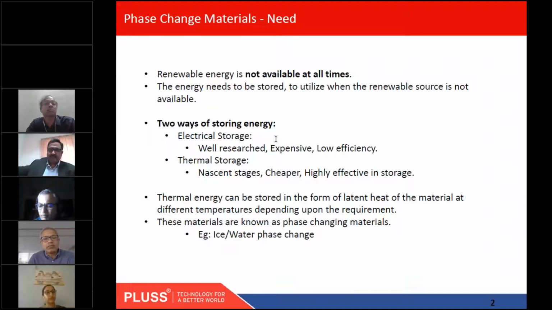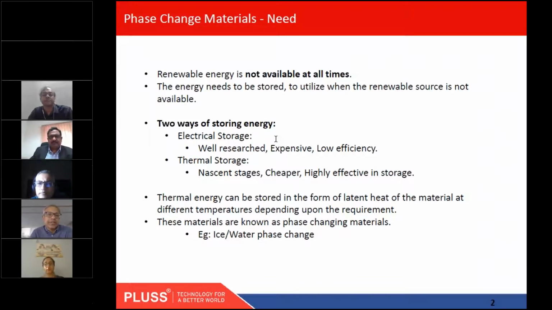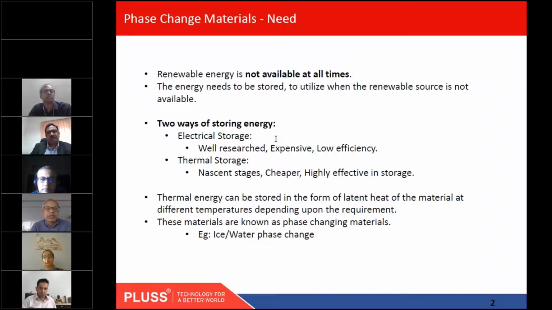When you freeze water, it becomes ice, and you're able to use that ice to cool your drinks, for example. That happens at 0 degrees Celsius. So we work with materials from low temperatures as low as -30, -40 to as high as 100 degrees. So we have a whole range of 30, 40 different temperatures at which you can store energy.